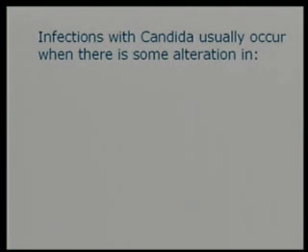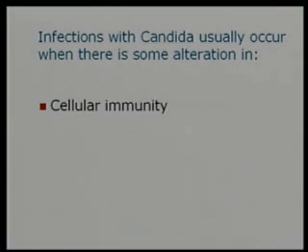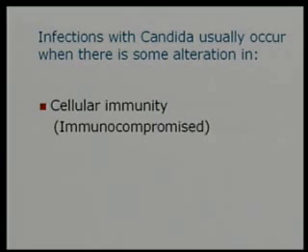Since it's in the gut and almost all the population, why does it cause disease sometimes? Well, it causes disease when there's some alteration in cellular immunity, when the individual has some defect in immunity, including AIDS. Or if there's a disruption in the normal flora, from prolonged antibiotic use.